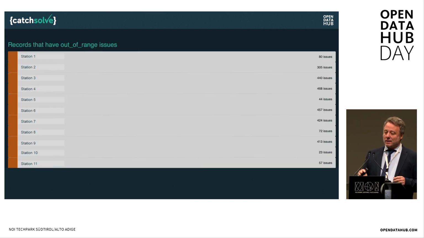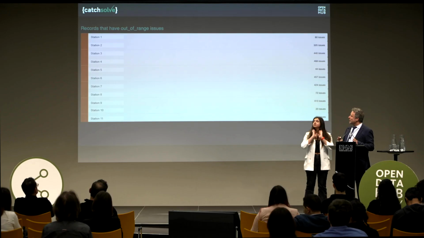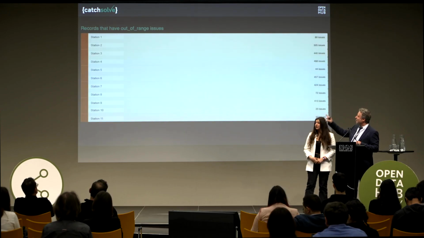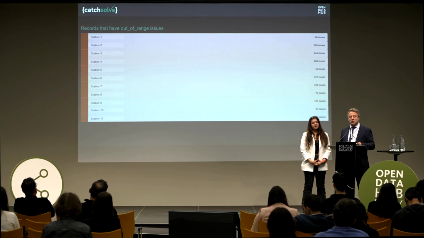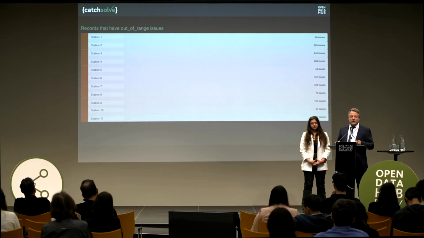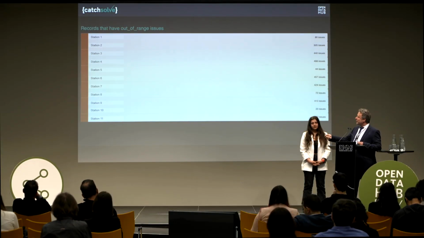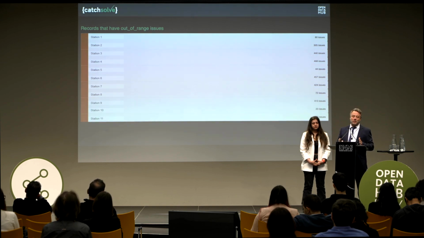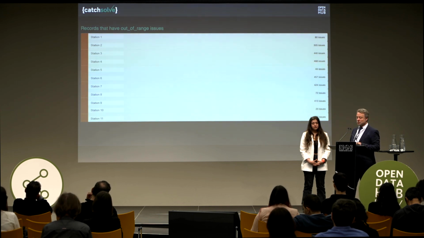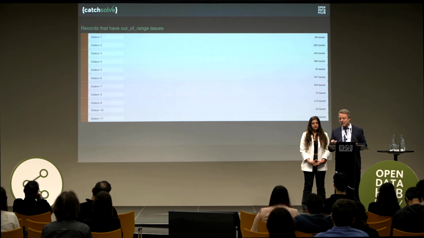So when you choose a KPI, you can go into more detail and have even more information. So which data has problems? In the case of mobility, for example, you get the list of stations with problems and how many issues they have. So how much data has issues.